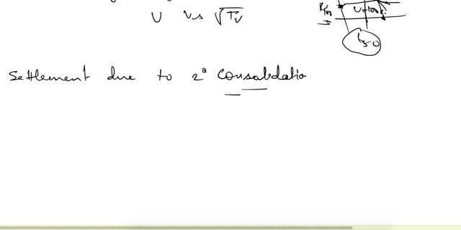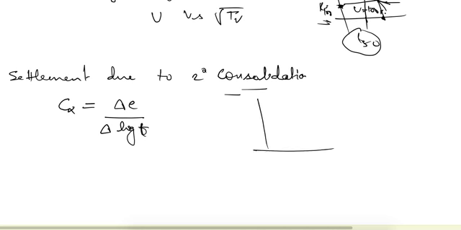In this case, a coefficient C alpha is defined, and that is the slope of the void ratio versus log of time plot. As in primary consolidation we defined the compression index as delta e by log of delta sigma, but here it happens at constant effective stress.